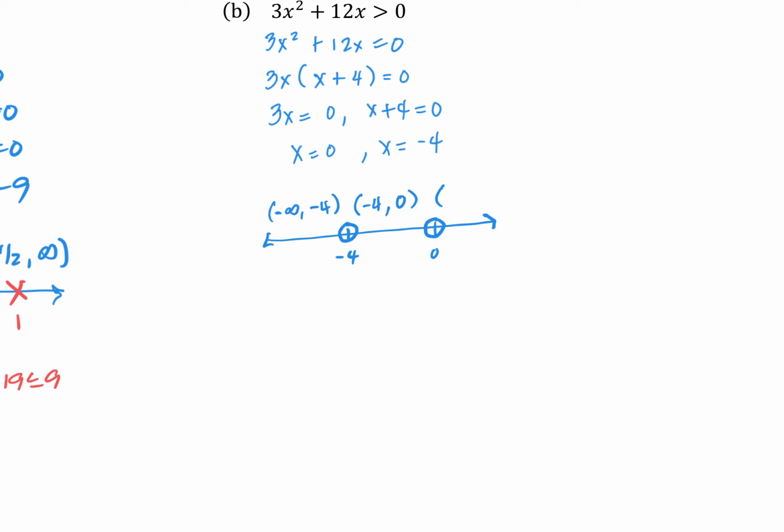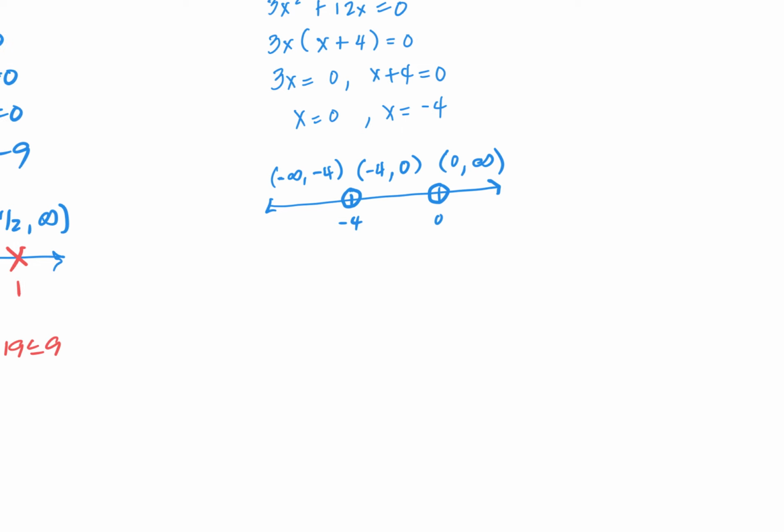And the last interval would be 0 to infinity. And I think some good test points would be a -5, from -4 to 0, maybe -1, from 0 to infinity, maybe 1. So those are the test points that I'm going to put into my original inequality.